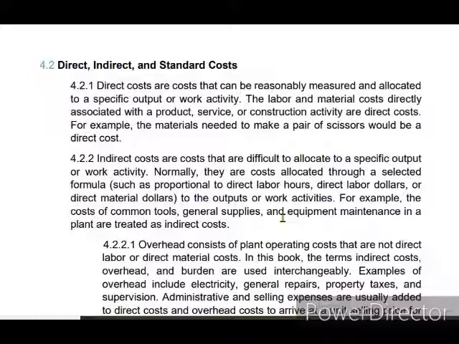For example, the cost of common tools, general supplies, and equipment maintenance in a plant are treated as indirect costs. This is because we have to allocate this cost to every work that this cost affects.